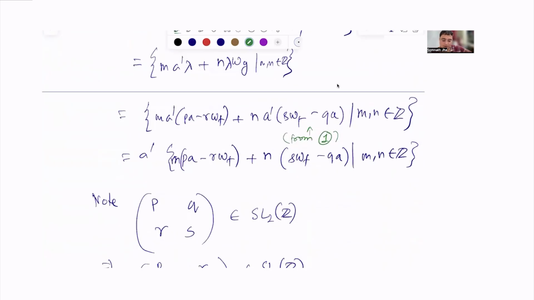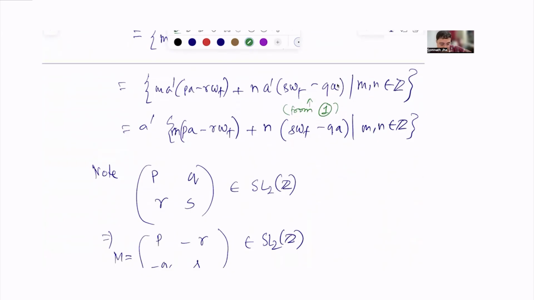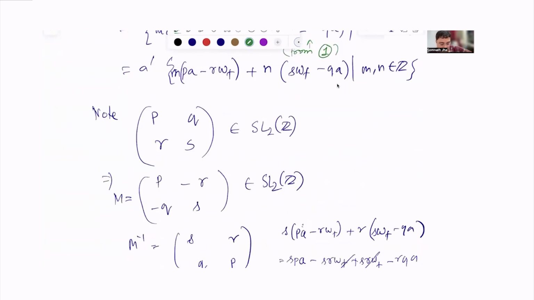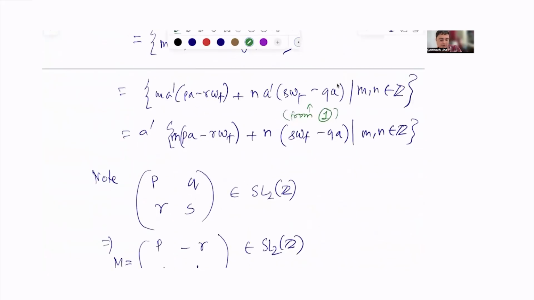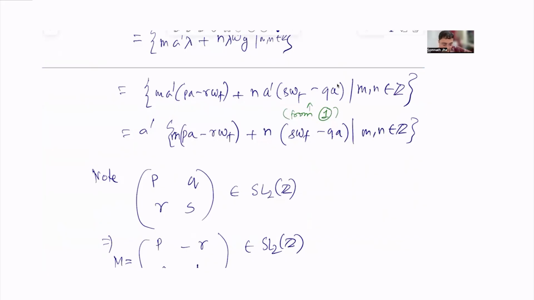Now notice that p, q, r, s is a 2 by 2 invertible matrix with integer entries. So is p, minus r, minus q, s. This is also a 2 by 2 invertible matrix, and the inverse of this matrix is s, r, q, p. This is an SL2 linear combination of a and omega f. So here you have p and minus r, and here you have s and minus q. So this is a 2 by 2 invertible integer matrix, and this is a combination of a and omega f on both sides.